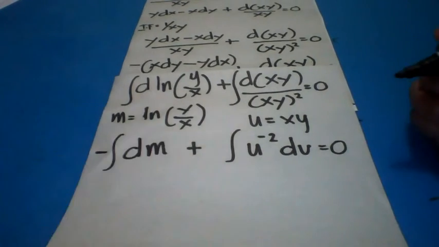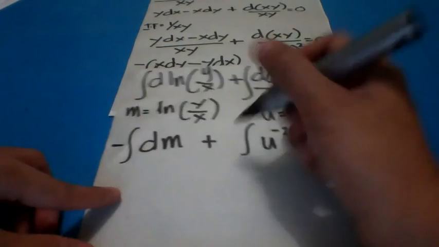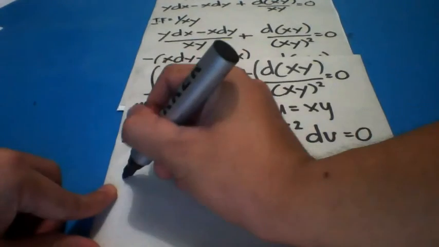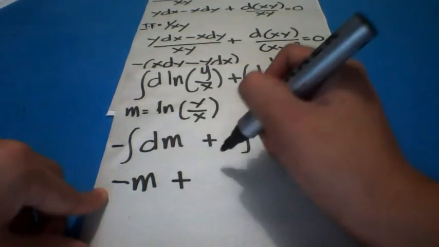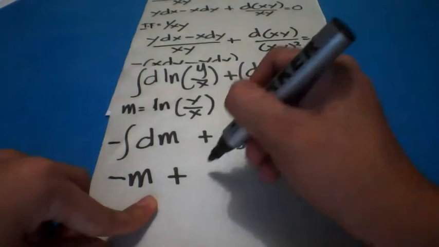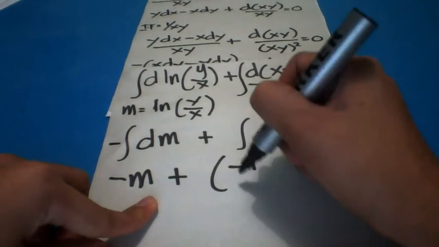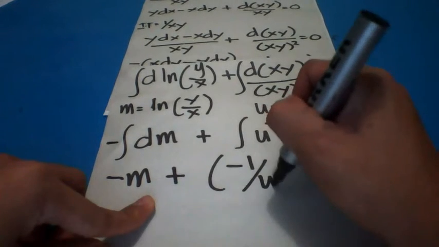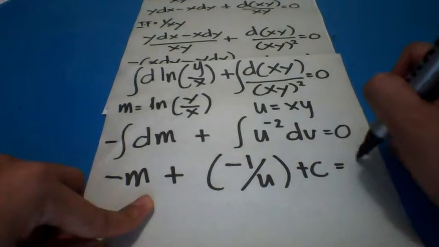The integral of dm is equal to m. It's negative m plus the integral of u to the negative 2, which is negative 1 over u, plus c, the arbitrary constant.